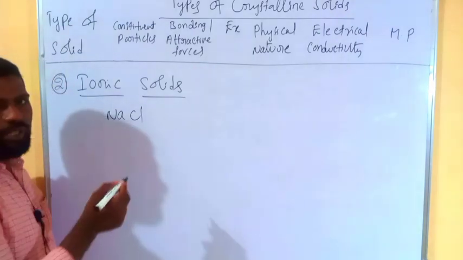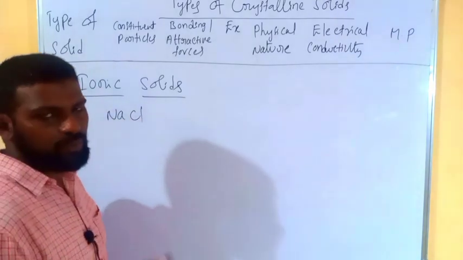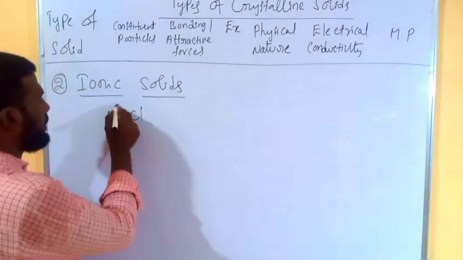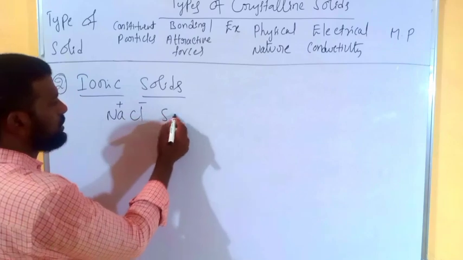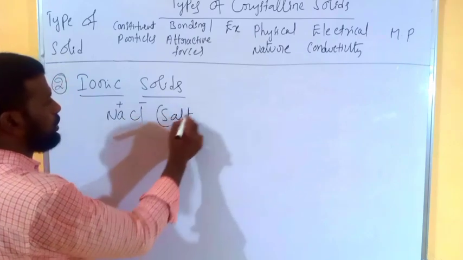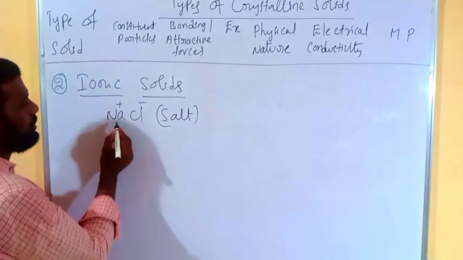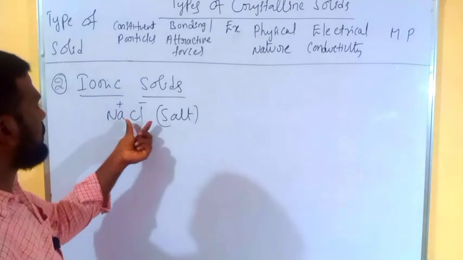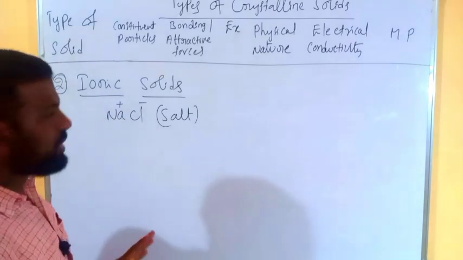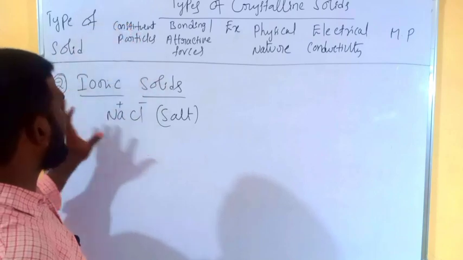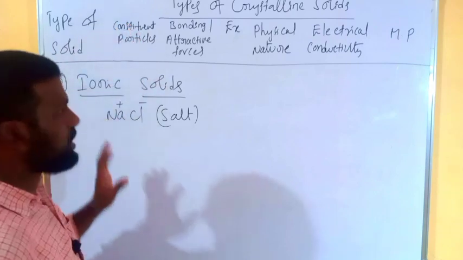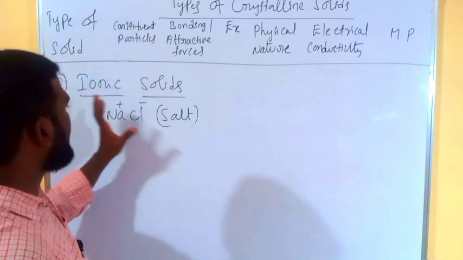Sodium chloride, common salt, is the simplest example of an ionic solid. Sodium chloride consists of Na+ and Cl- ions. So the constituent particles in ionic solids are ions. That's why they have got the name ionic solids.